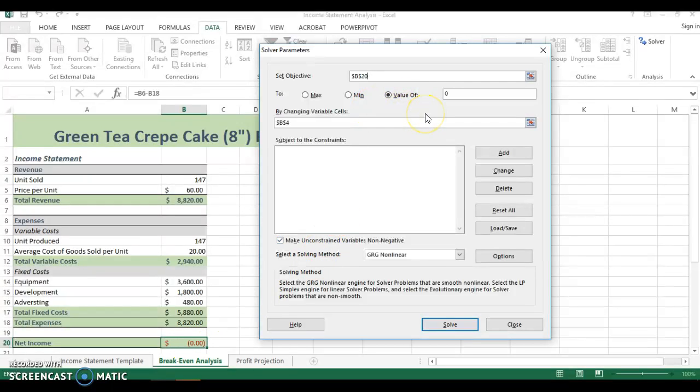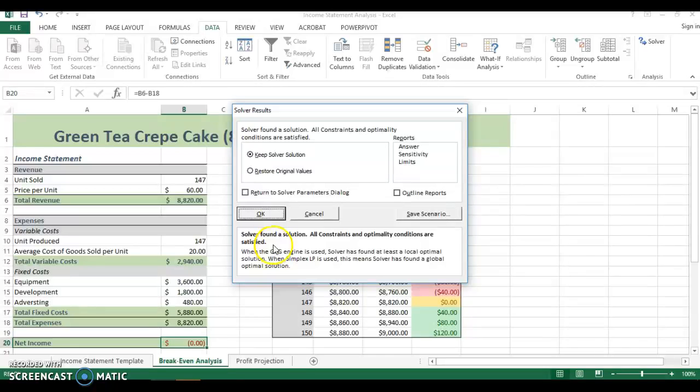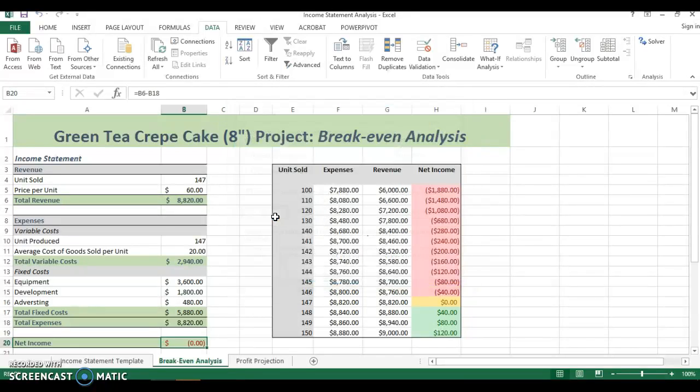If we want to break even, that means no gain, no loss, so the net income will equal 0. The changing cell has to be the units of cake sold, which is cell B4. Then you just click solve, and Excel will calculate for you. In my case, I had to sell 147 cakes in order to break even.